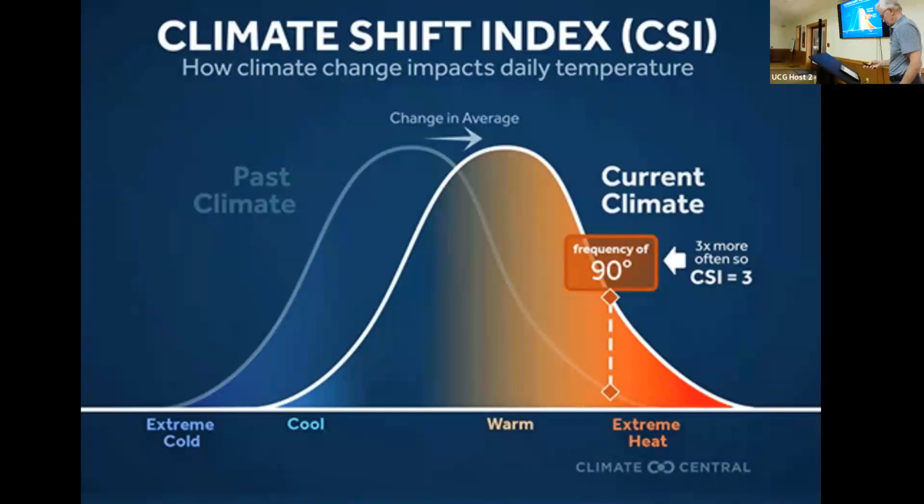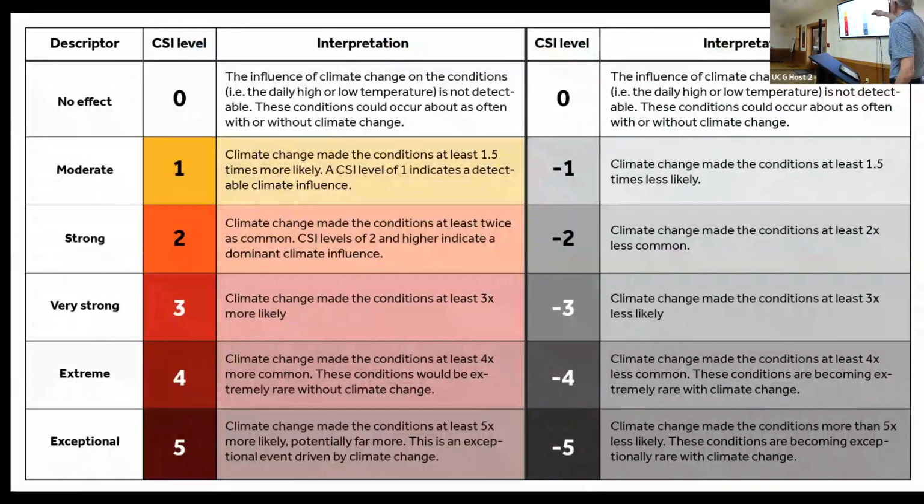And a 0 would mean that there's no effect of climate change on the temperature of that particular location. A moderate effect of climate change would be a 1, then strong, very strong, extreme, and exceptional.